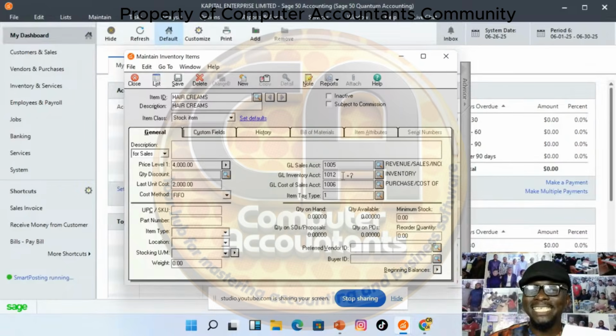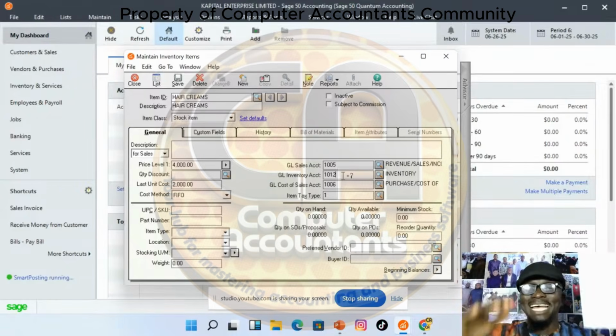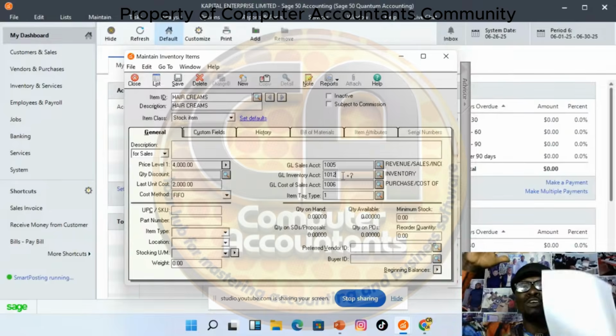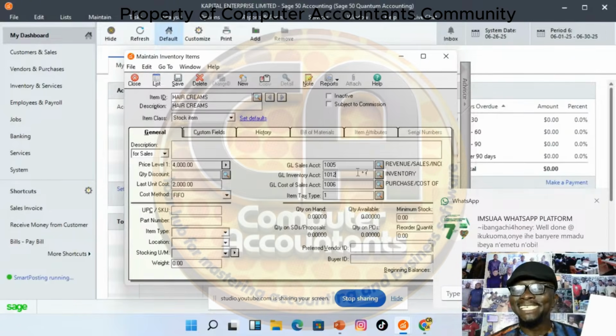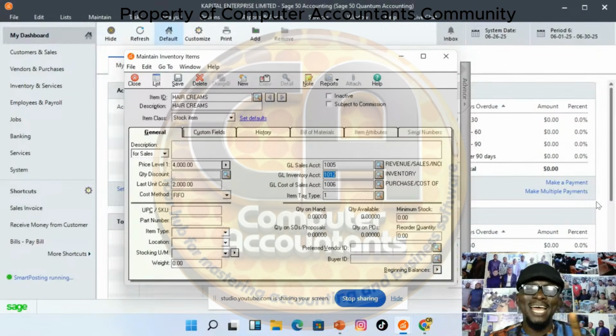If you buy more items, inventory will be going up. So the upward and downward movement of your inventory keeps enriching the sales and the purchases. As long as the sales is being matched to purchases, periodicity concept, it produces gross profit.